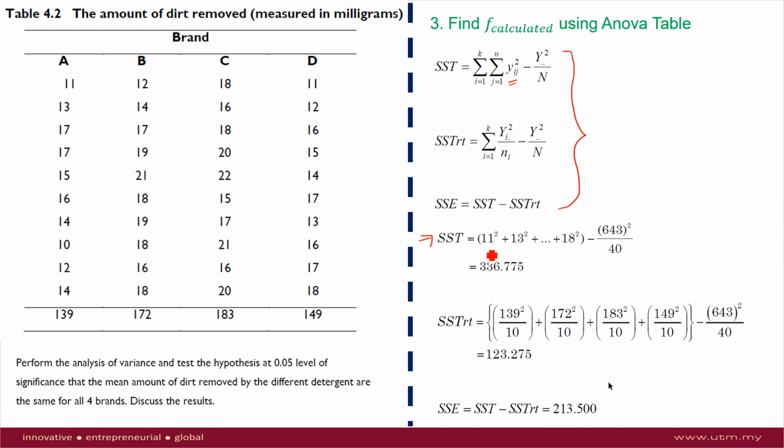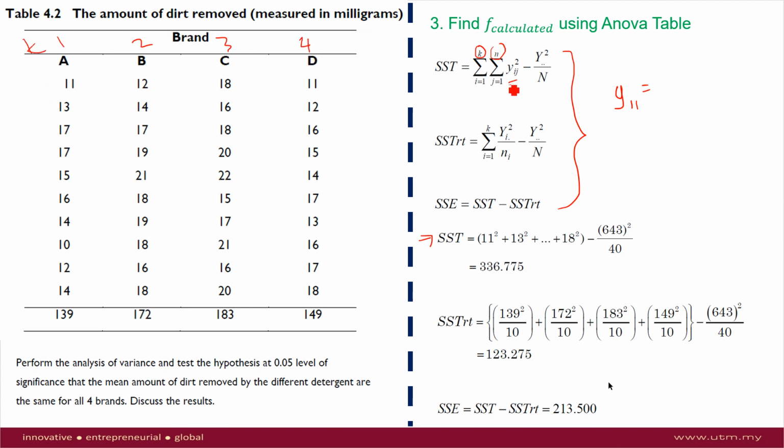So you see here, Yij, where i is the level, and j is the observation for every brand. If your level is 1, that means your level is A, for example, and the observation number in A is 1. So this is 1, 2, 3, 4. This is for your K.